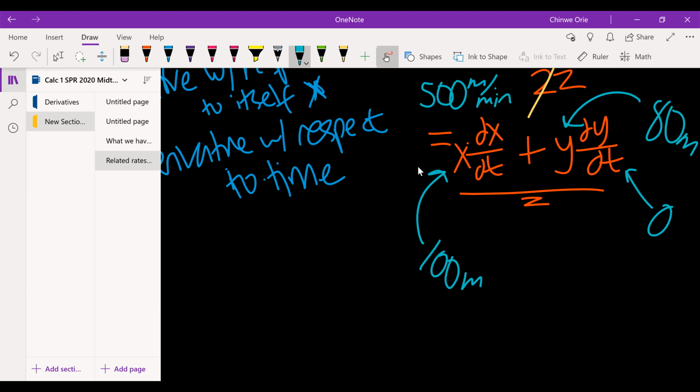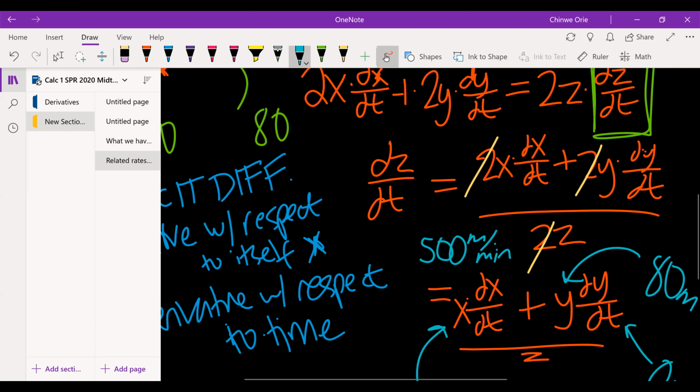There you go. I knew Stacia would come through. It's 0 because the bird is flying horizontally. So it's not like the bird's coming down or going even higher. It's going 500 meters horizontally. So that's how we know it's only going in the x direction, not in the y direction.